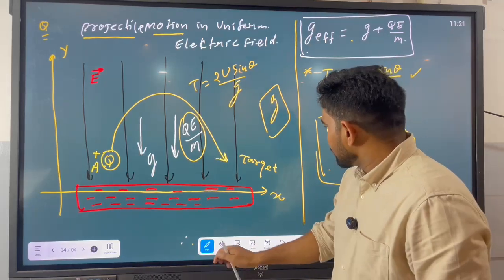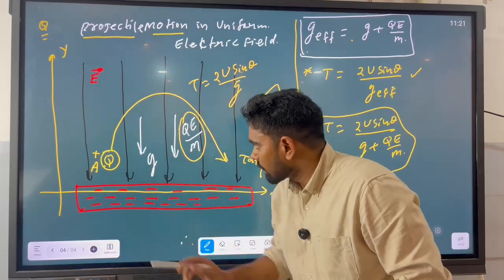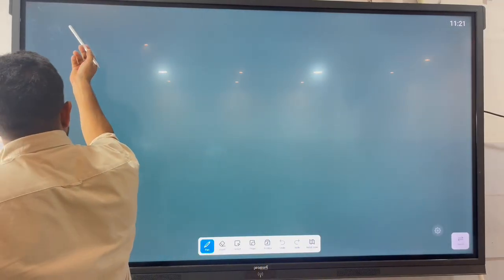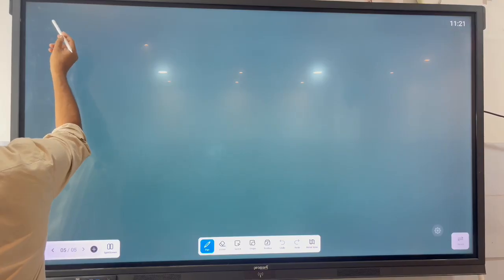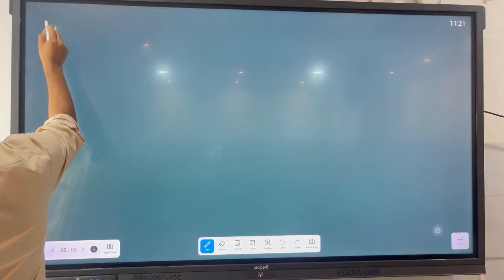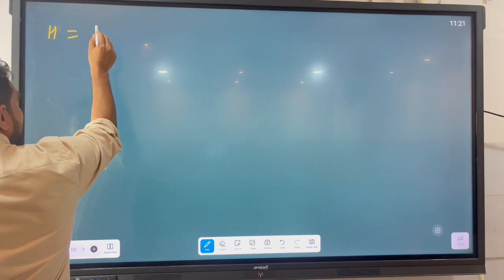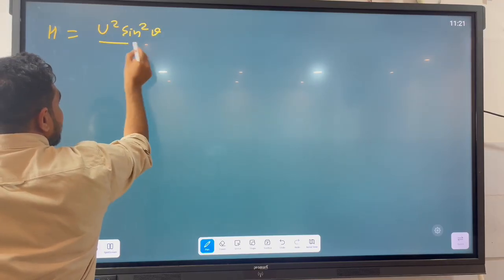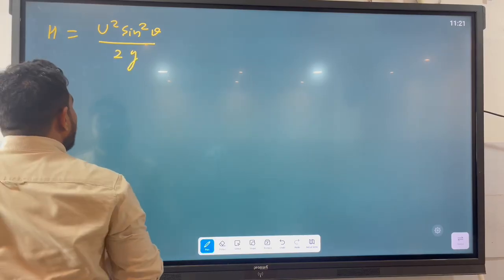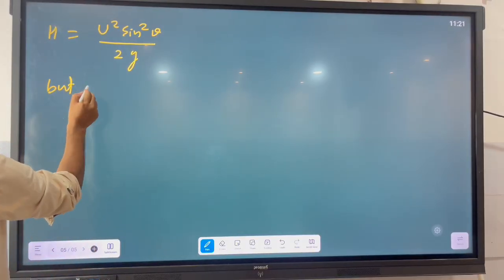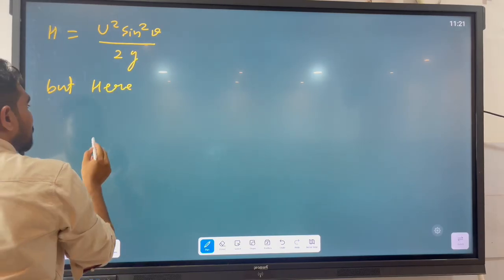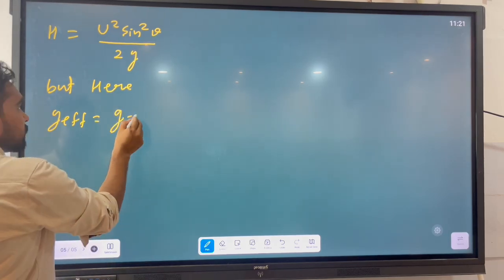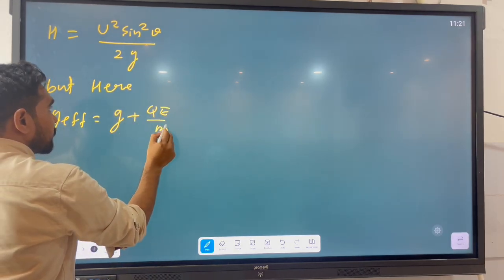For the next calculation, the height of projection. The basic formula is u square sin square theta divided by 2g, but here using g effective, where g effective is g plus QE divided by m.